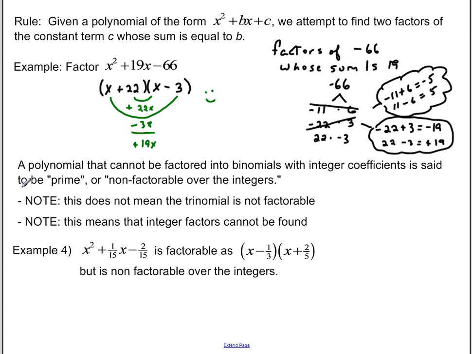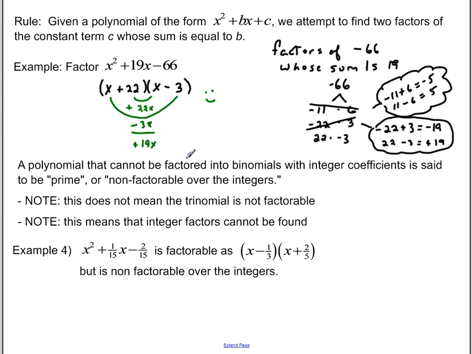Now, I would make a quick note right here. A polynomial that cannot be factored into integer coefficients is said to be prime or non-factorable over the integers. We're always interested in factoring over the integers. You'll notice that in each of our examples so far, we've had factors that contain only integers as the coefficients. So in this case, if we are not able to find integer coefficients, we say it's not factorable over the integers. We sometimes call that prime.